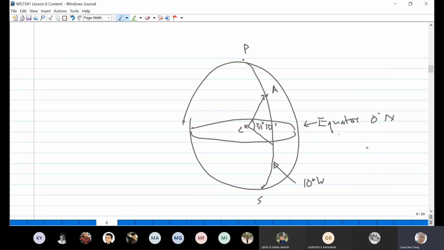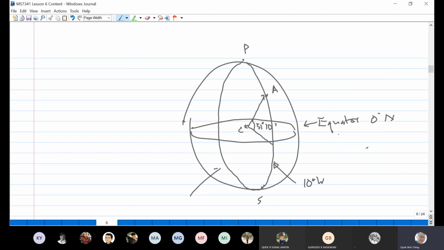Then where is point B? You're going north again and then going westwards. I want to draw it farther away so you can see better. So suppose this is where B is. Draw a meridian.